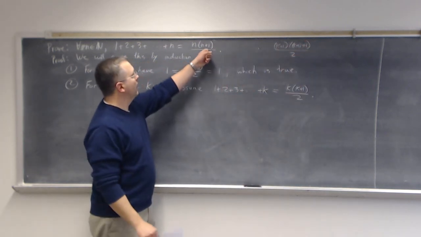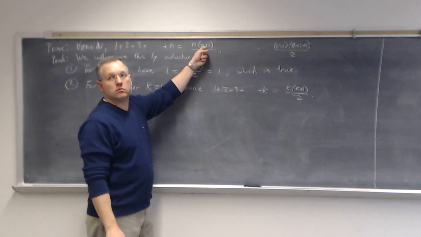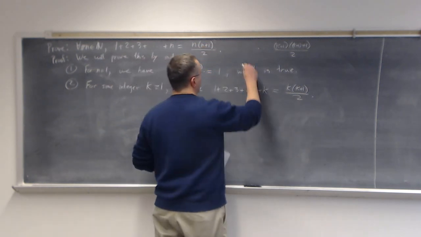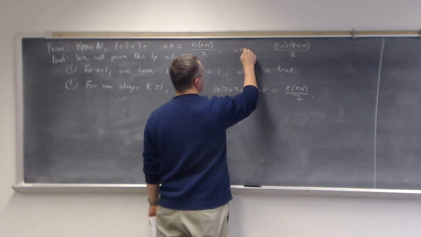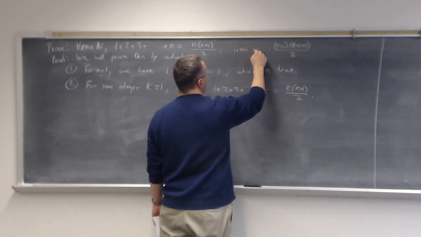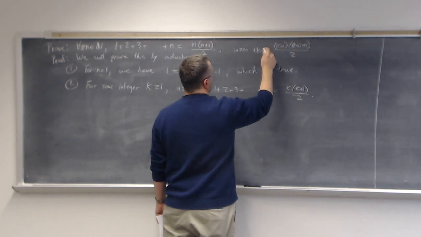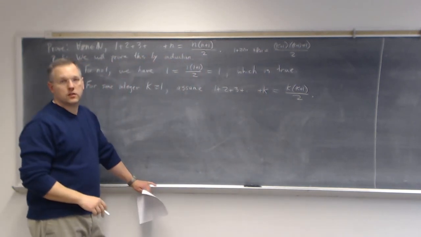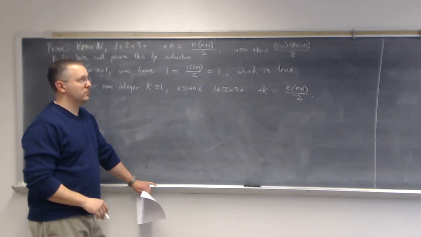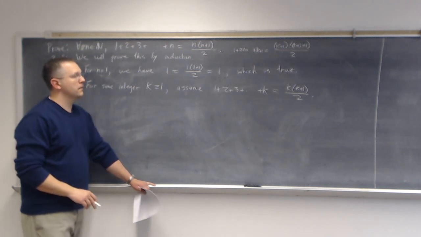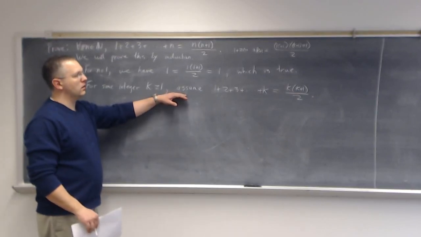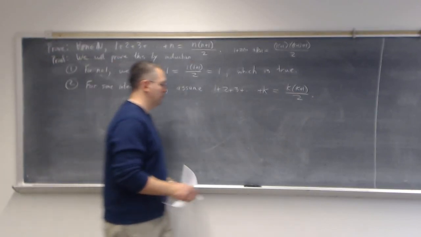So we're trying to show that 1 plus 2 plus 3 all the way up to k plus 1 equals that. That's the rest of our inductive step. Any questions? Assuming it's true for k, show that it's true for k plus 1.